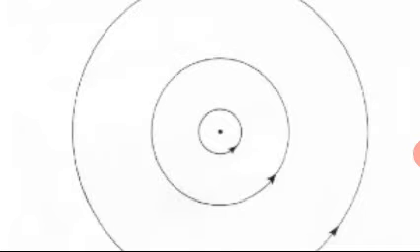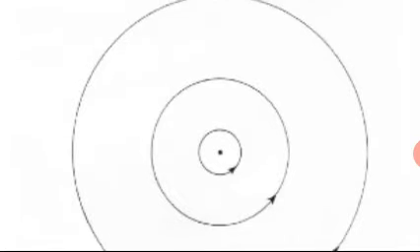If the electron moves from the second circle to the third circle, energy is required for moving from a lower to a higher energy level. When this energy is finished, the electron comes back and emits radiation. This is called the atomic spectrum.